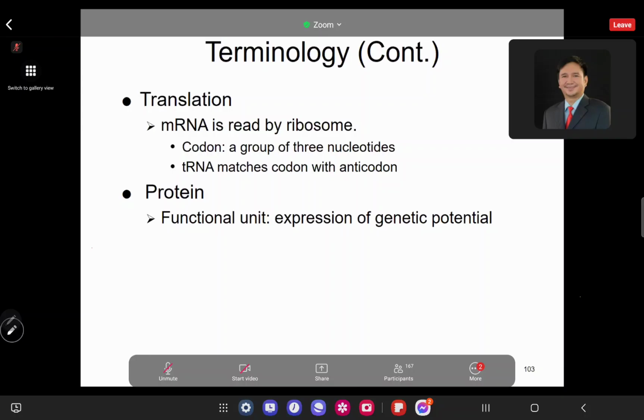While your protein is the functional unit of cells expressed as the result of genetic information. What is the role of protein? Catalyzes biochemical reactions, provides structure, and regulates physiological processes.